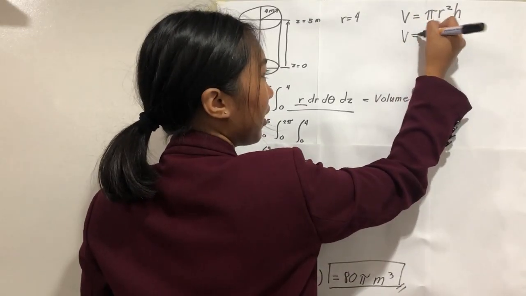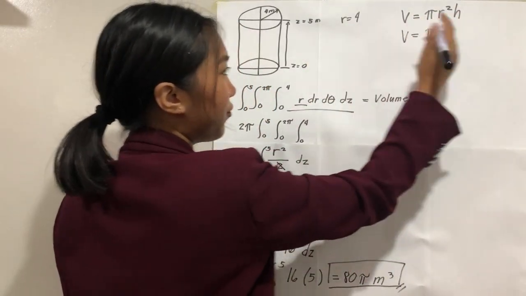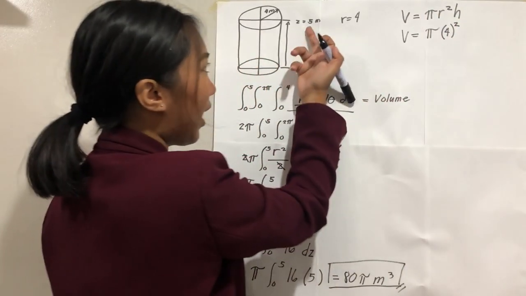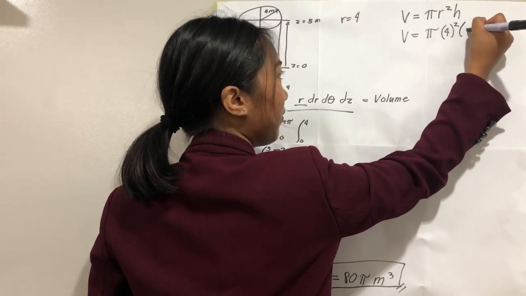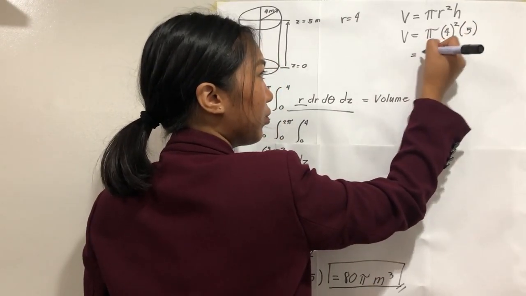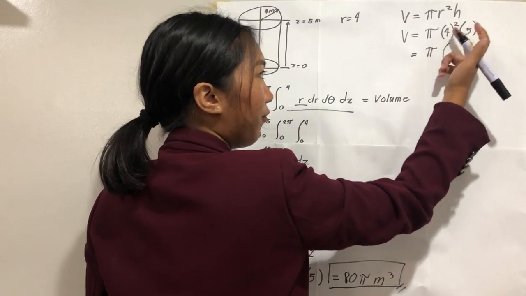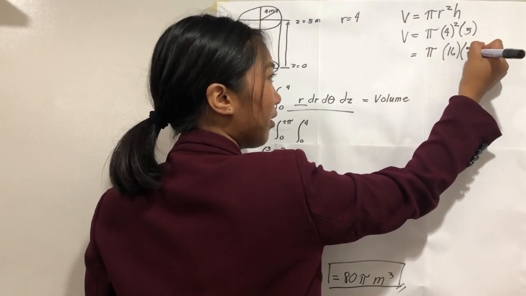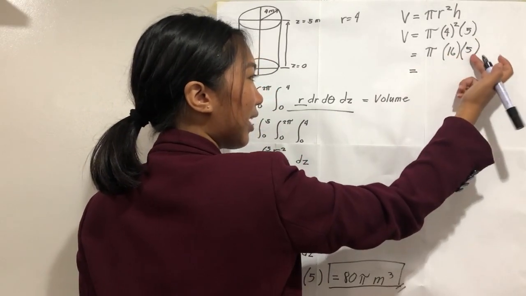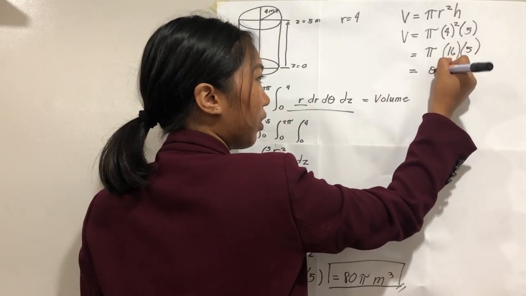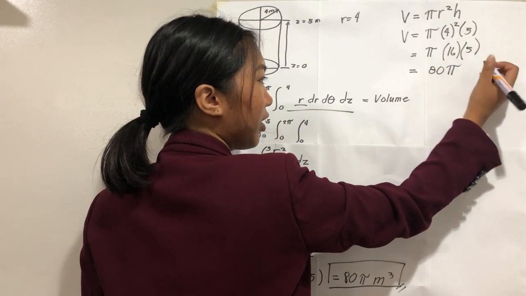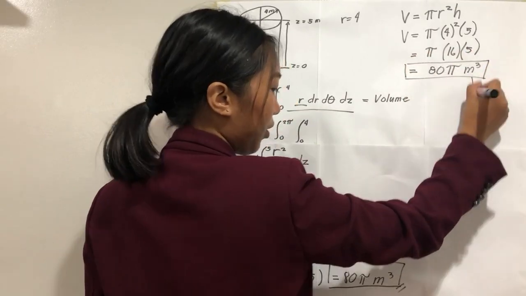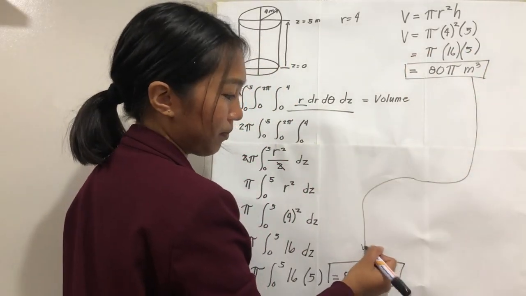So V equals pi times the radius of 4 squared times the height of 5. 4 squared is 16 times 5, which is 80 pi, and the unit is m³. So we got the same answer.